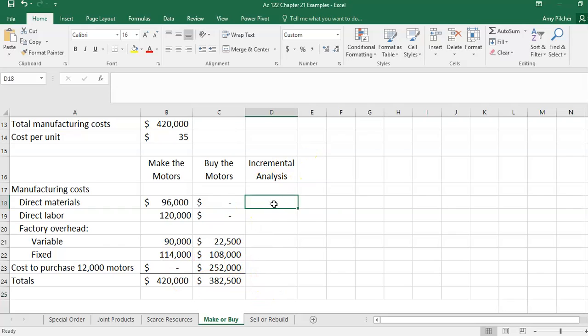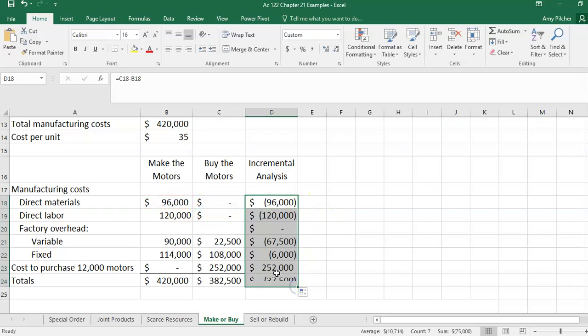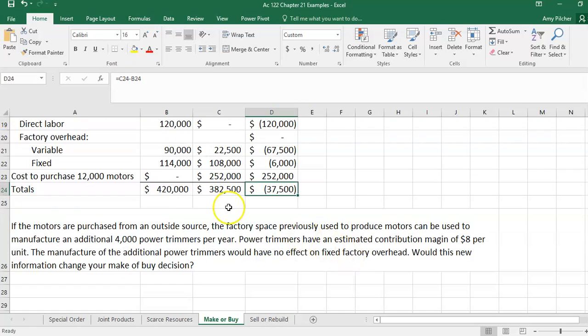So when we look at this incremental analysis, remember it is the difference between the two options. If we buy the motors, instead of manufacturing them in-house, we will save $37,500, which is a good deal.